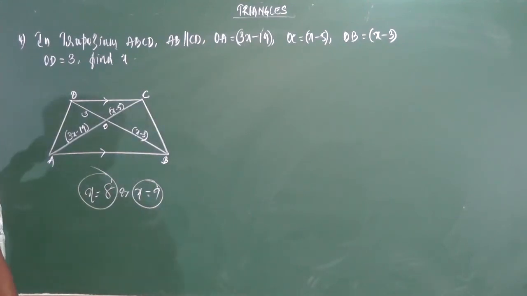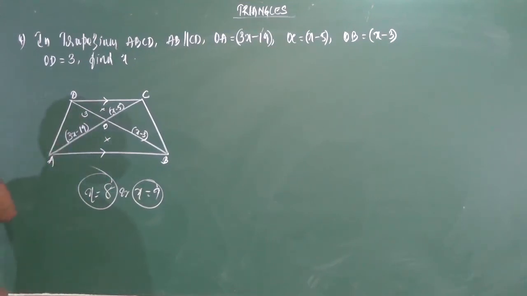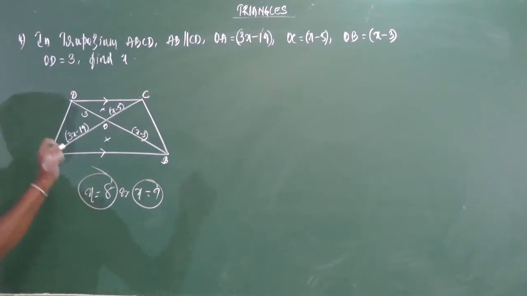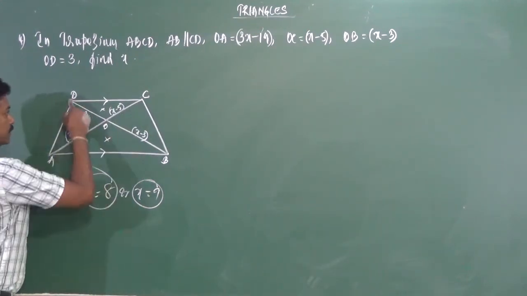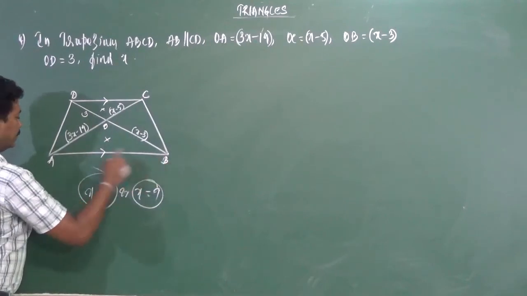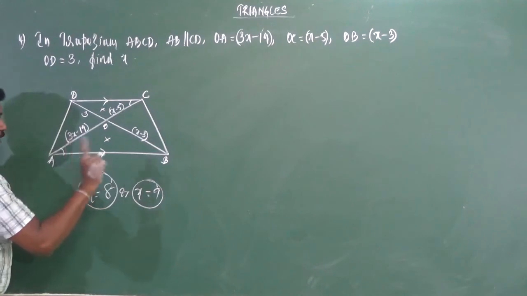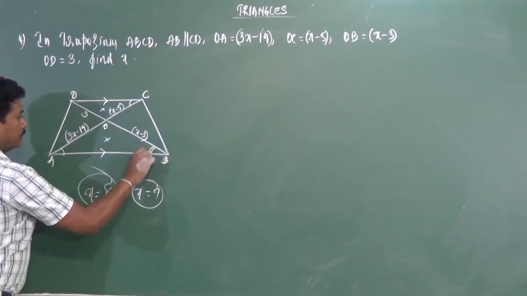What you have to do is select these two triangles, triangle AOB and triangle DOC. Prove that they are similar by showing that two pairs of corresponding angles are equal. In triangle AOB and triangle DOC, angle BAO is equal to angle OCD, this one pair, and angle ABO is equal to angle ODC, this pair.